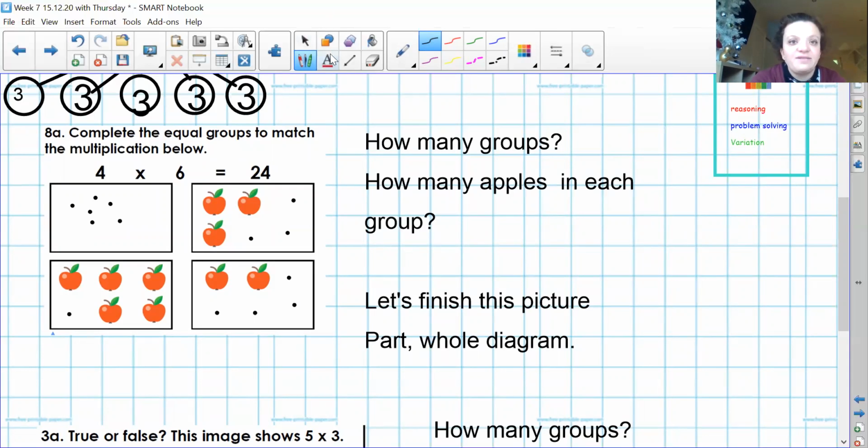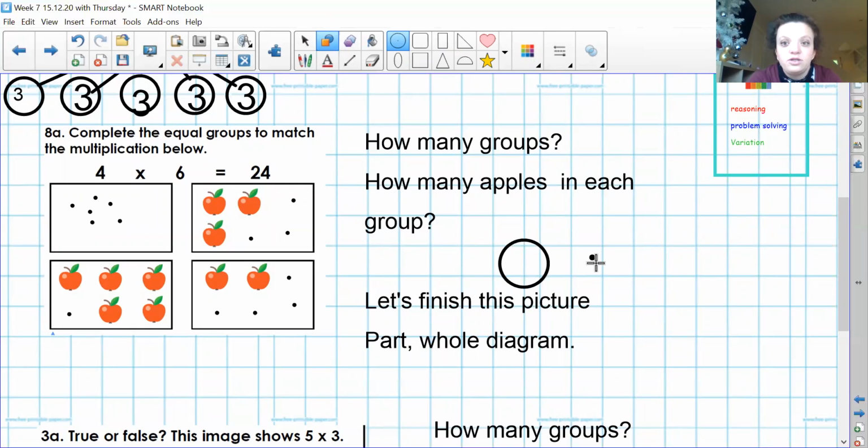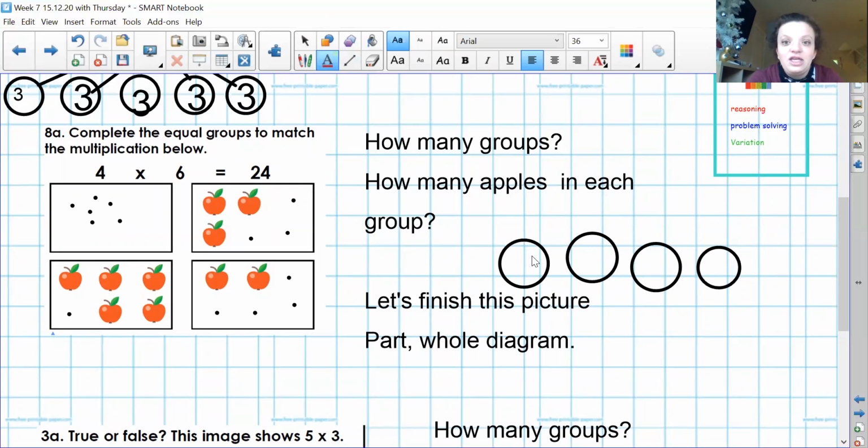So let's draw that as a part whole. How many parts are we going to have? Well, that's our number of groups. So we're going to have 4: 1, 2, 3, 4. And in each of our groups, we're going to have 6, because that's how many are within each of our groups. Each of our parts is going to have 6 in it.